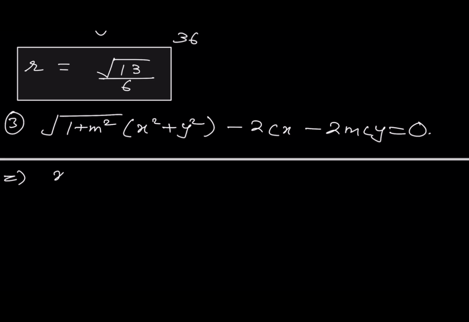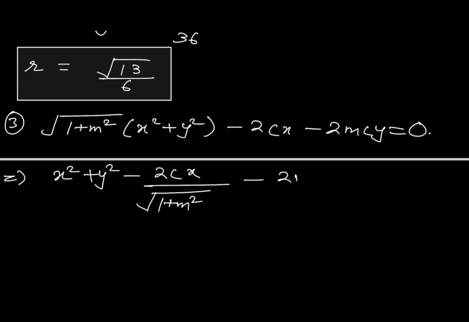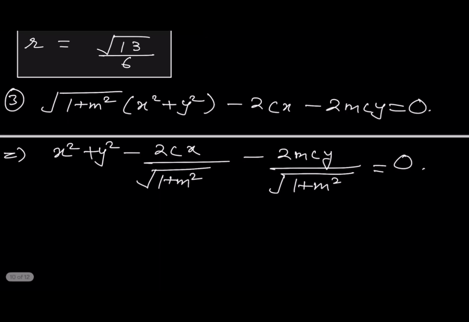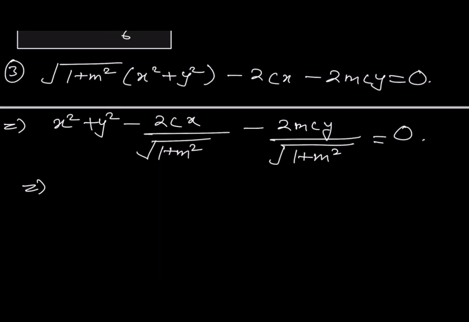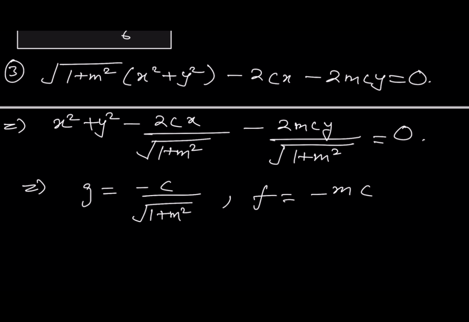So this will be x square plus y square minus 2cx upon root over 1 plus m square minus 2mcy upon root over 1 plus m square is equal to 0. Okay. So here the g is minus c upon root over 1 plus m square, and the f is minus mc upon root over 1 plus m square.